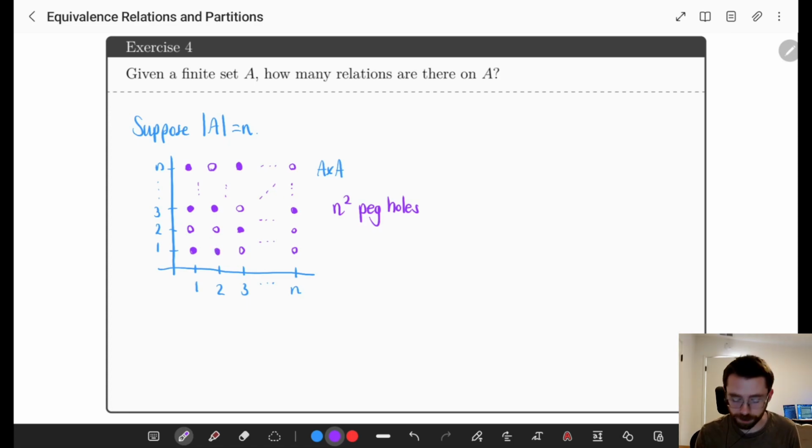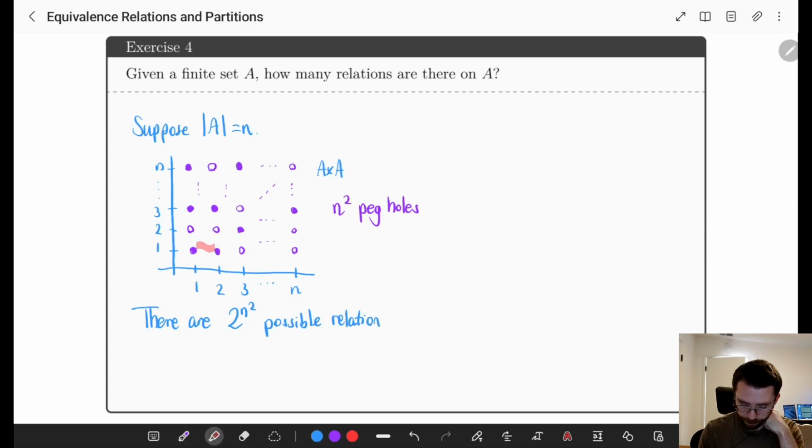So there are 2 options for each, and if there are n squared peg holes, then there are 2 to the n squared possible relations on A. Because I have 2 choices here, another 2 choices here, another 2 choices, and so on. I have 2 choices for each of n squared options. So that's 2 to the n squared. Just multiplying 2 by itself, n squared times.